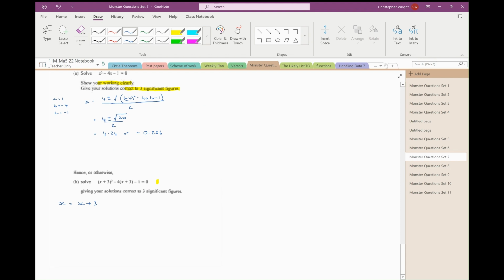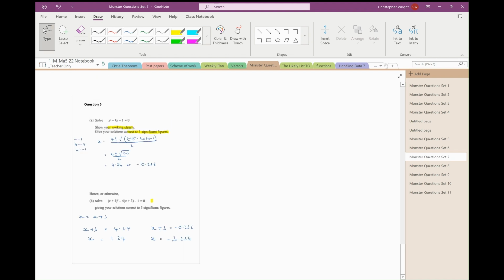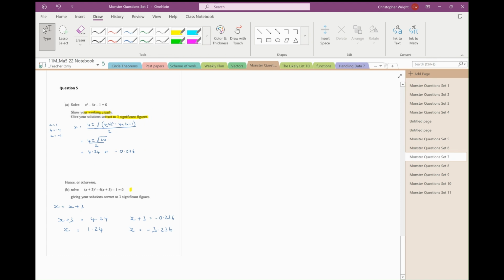So presumably my solutions would be x plus 3 equals 4.24, or x plus 3 equals minus 0.236. So in this case, x would be, minus 3 from both sides, 1.24, and minus 3 from both sides here as well, minus 3.236.